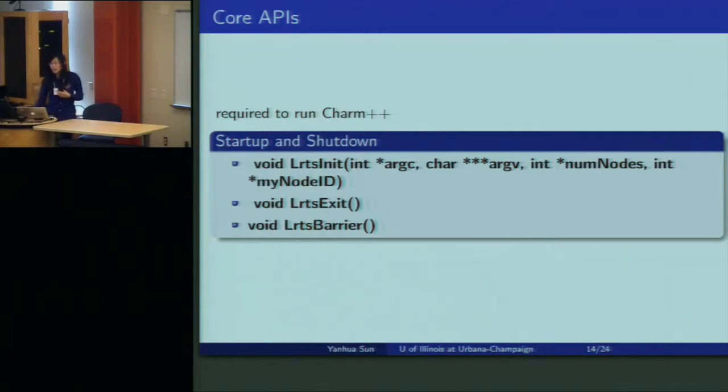It terminates the program correctly, and sometimes it also needs to release the system memory buffers if we use them. And LRTS barrier is mainly to synchronize all the processes for the job. Since other function calls in Charm are asynchronous, LRTS barrier is mainly used at the beginning and at the end of the program.